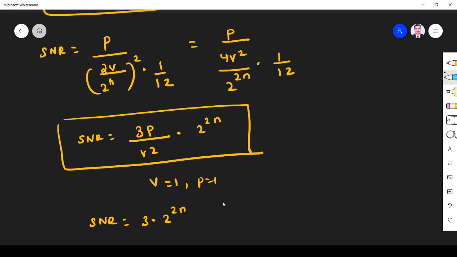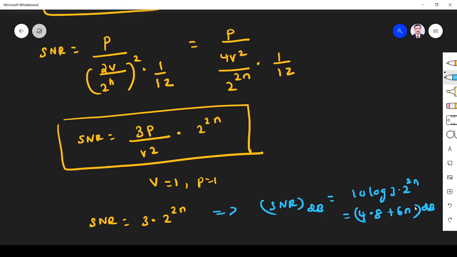In terms of dB, SNR dB is equal to 10 log of 3 into 2 power 2n, that is equal to 4.8 plus 6n dB.